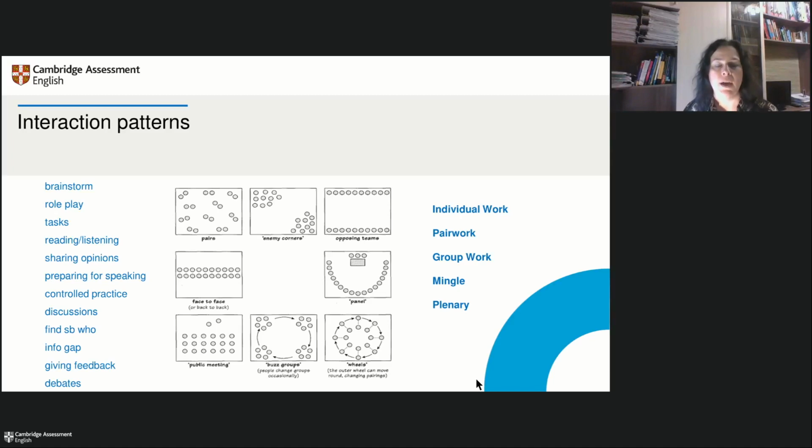Right. So on the left, you can see different task types. It might be a problem, Natalia. I totally agree. Yeah, it is tricky. Mingling is always tricky. Recently, I ran a session for my teachers who are taking a certificate in advanced methodology with me. Obviously they're all CELTA qualified and they're preparing for Delta.